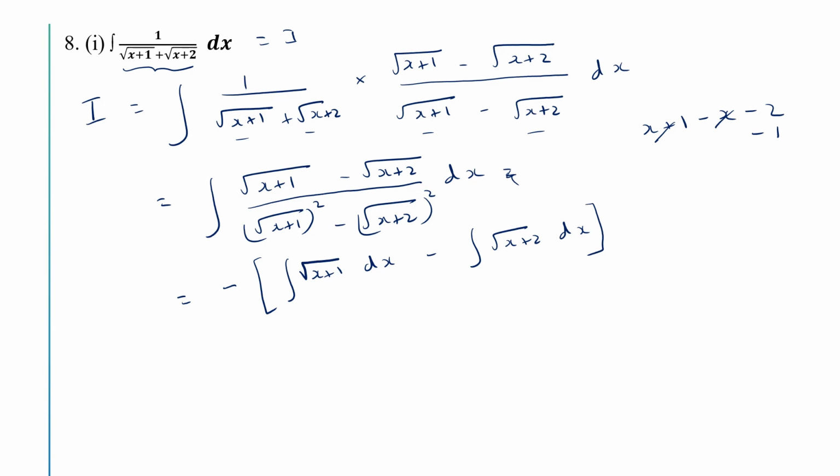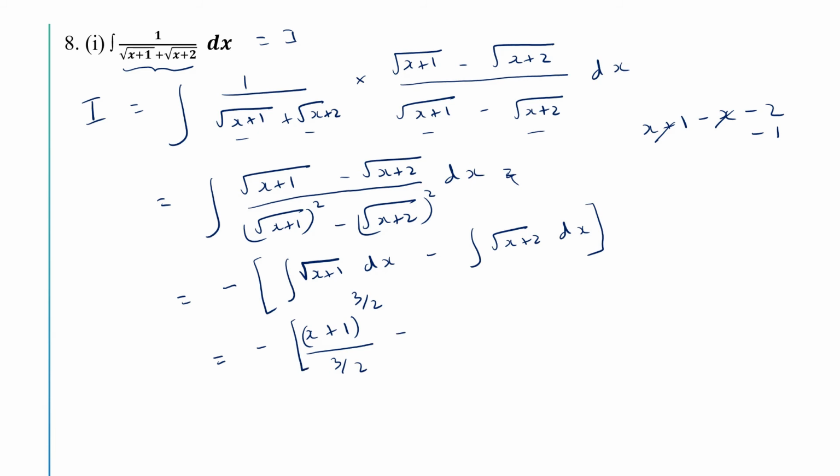Now we can find the integral of root of x plus 1 dx, which is the integral of (x plus 1) the whole raised to half dx. So this is equal to minus of (x plus 1) into (x plus 1) the whole raised to half plus 1 by half plus 1, which is 3 by 2.